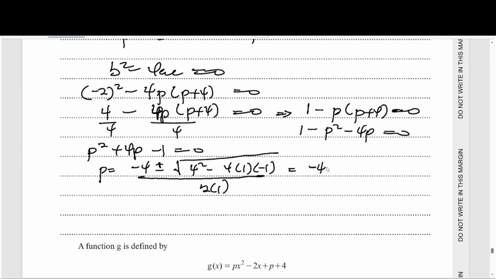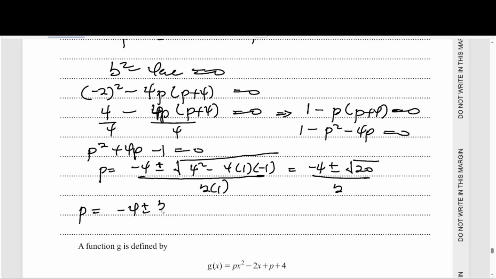Here we have -4 plus or minus root of 20 divided by 2. So our p is equal to -4 plus or minus root 20, which is the same as 4 times 5.